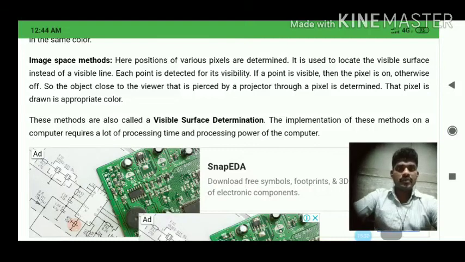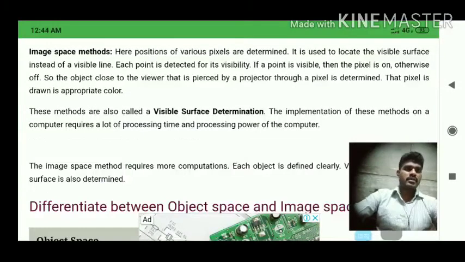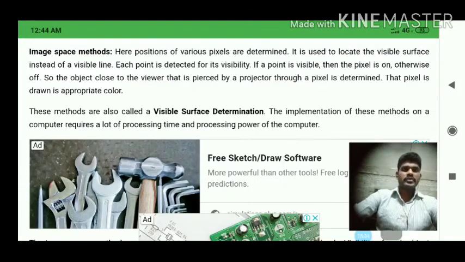Here the position of various pixels is determined. It is used to locate the visible surface instead of the visible line. Each point is detected for its visibility. If a point is visible, then the pixel is on, otherwise off, so that the object close to the viewer that is pierced by a projector through a pixel is determined.